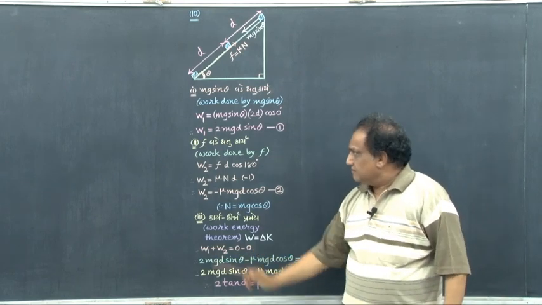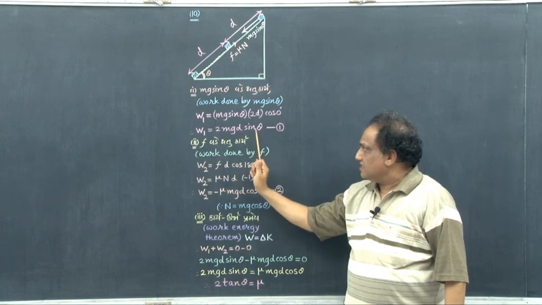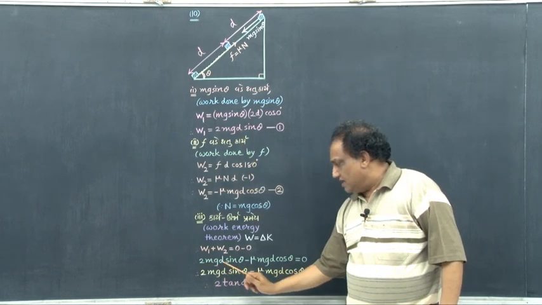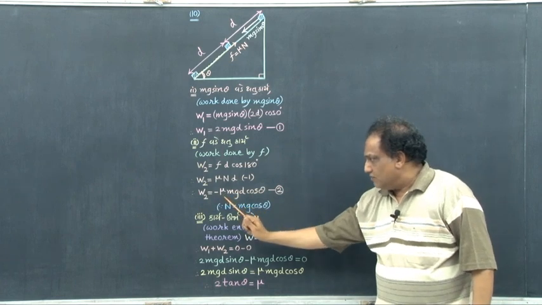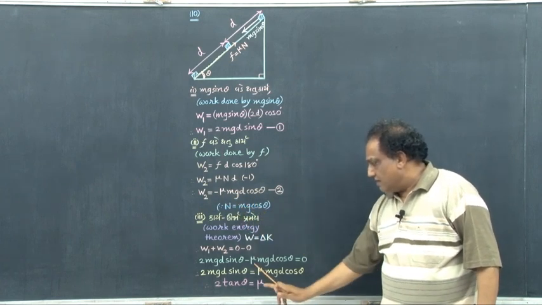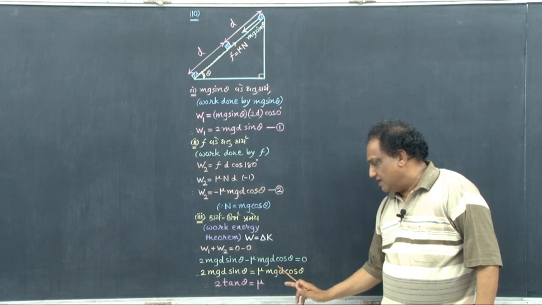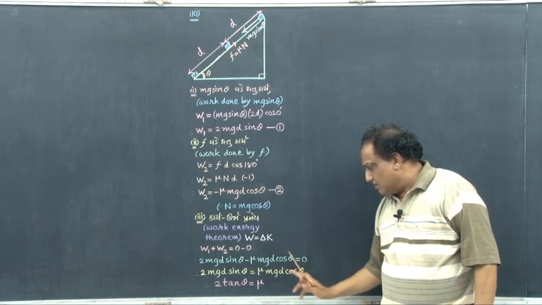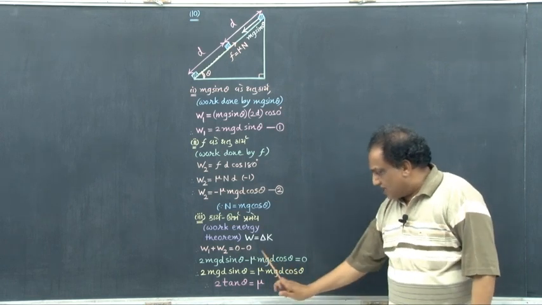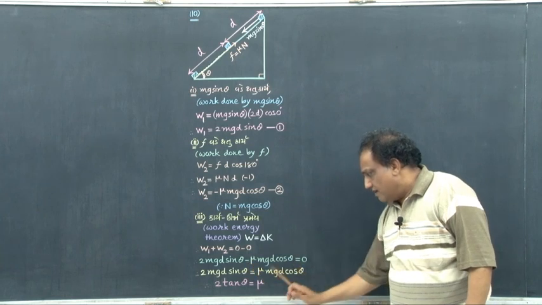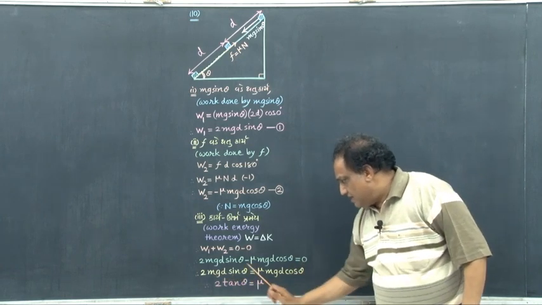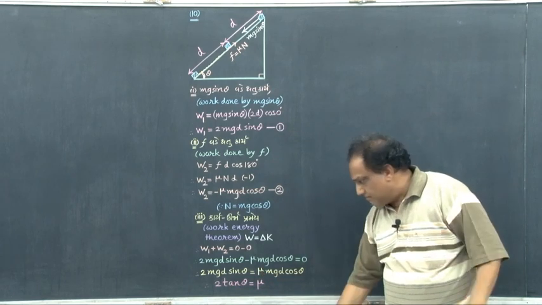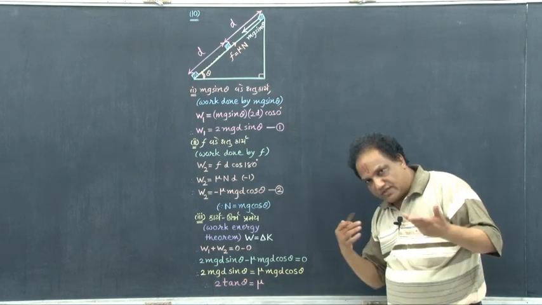What is W1? It is 2 mg d sin theta. What is W2? It is minus mu mg d cos theta, correct, and that equals 0. And now transfer this term, from minus it will become plus, okay. Simplify, mg getting cancelled, d also getting cancelled.